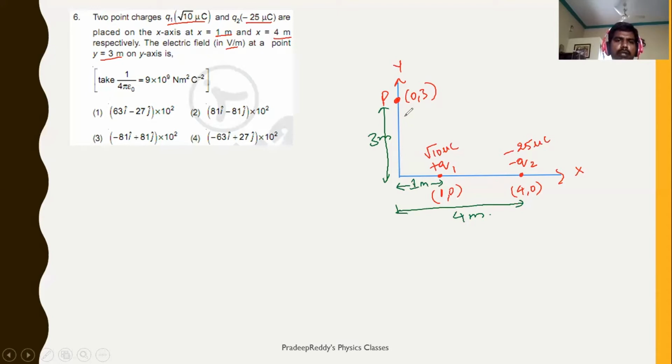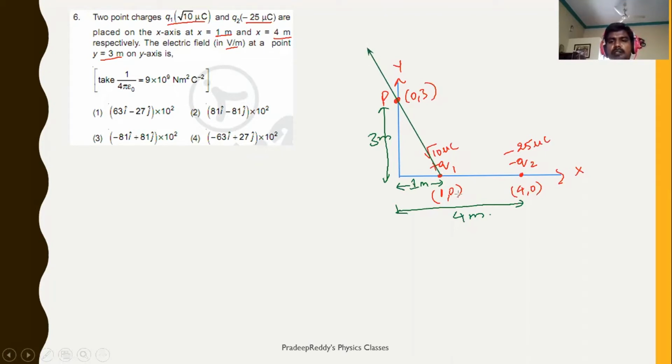I want to now find out the electric field because of these 2 charges. In order to find the electric field, as you know, electric field is a vector quantity. Therefore, the field due to this positive charge will be in this direction.